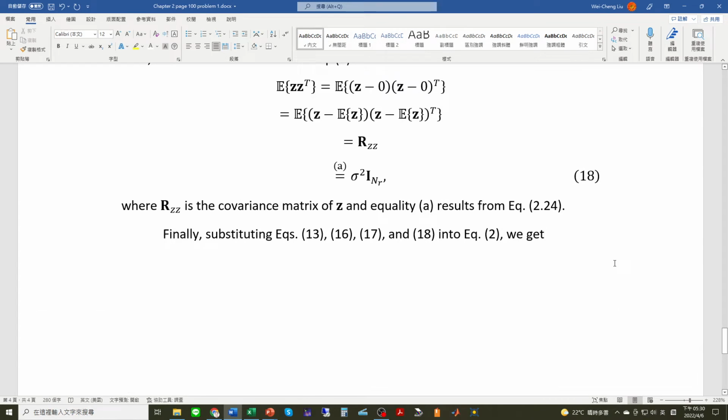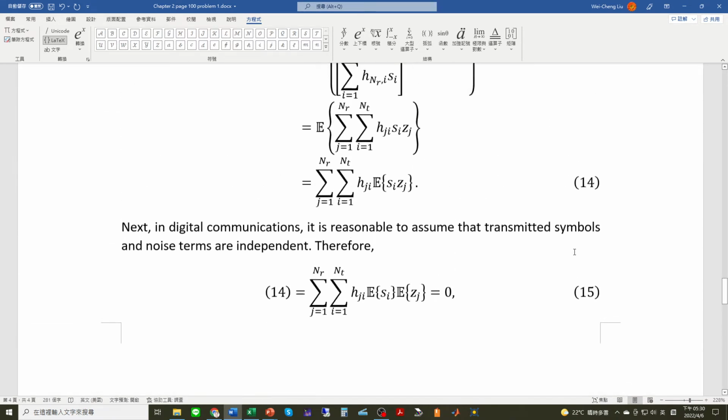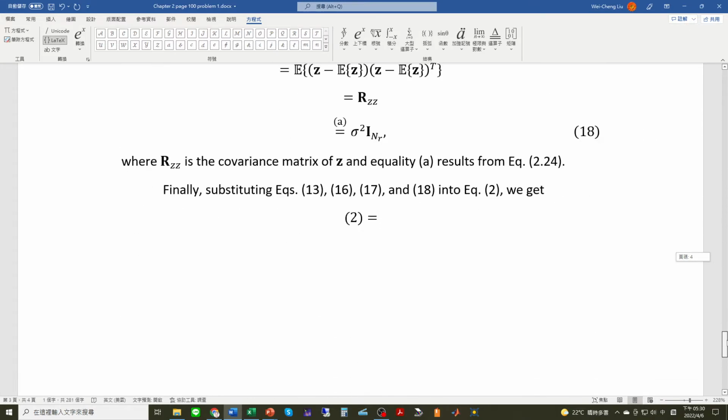We get, equation 2 is equal to, first, this term, H times R_SS times H transpose plus this term, equation 19.